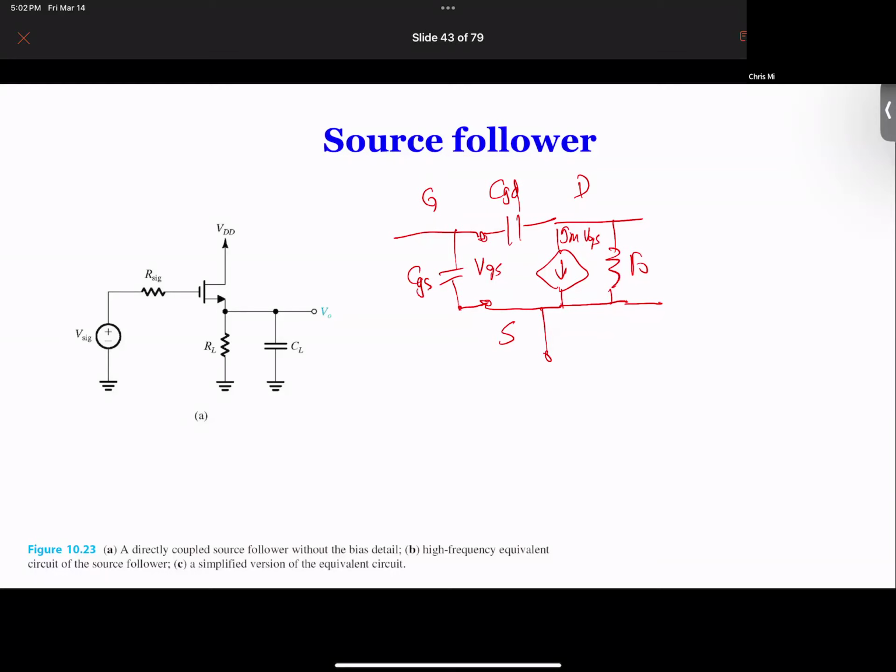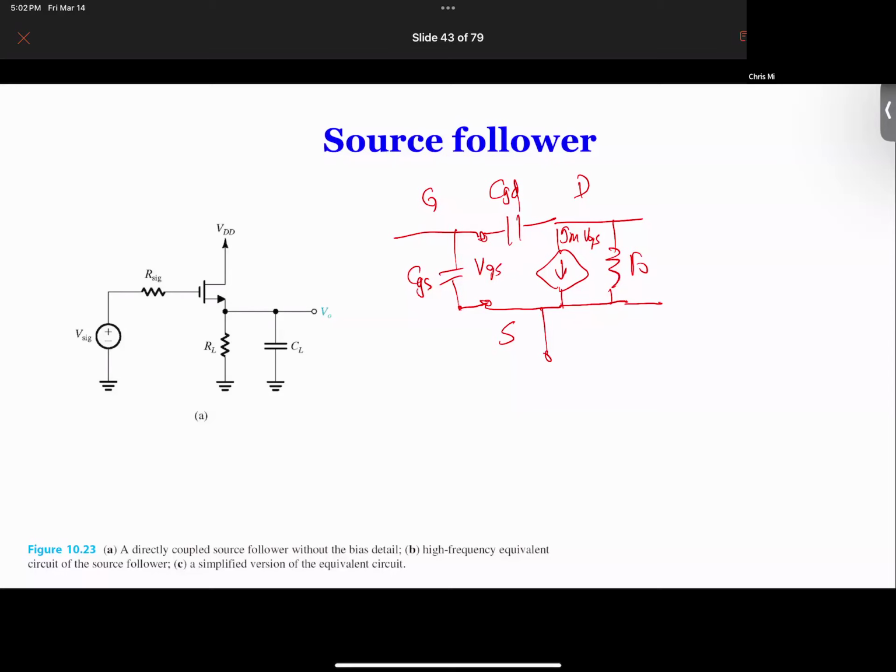Actually, I just remembered that I forgot to mention the Miller effect. Remember that Miller split we did, where we split those 2, and our previous derivation follows exactly what Miller said. That effect of CGD being amplified is called the Miller effect.